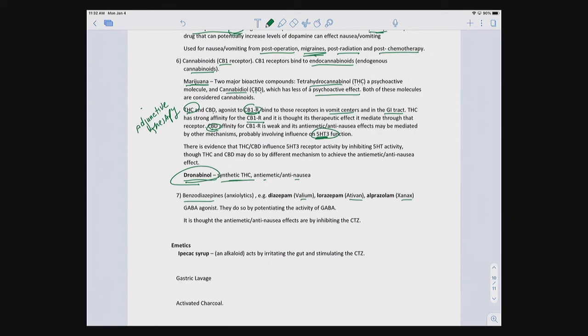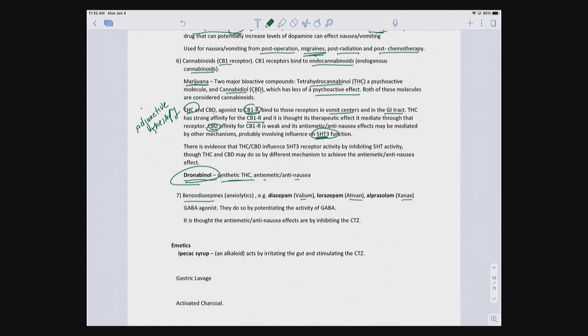Benzodiazepines work as GABA agonists. GABA is an inhibitory neurotransmitter. What that means is that when it is released in the central nervous system, it's kind of a brake pedal that slows down or stops certain neurological activities. In fact, GABA is the most common neurotransmitter in the central nervous system.